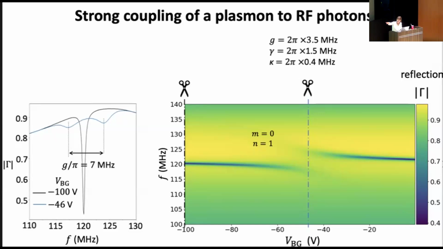And you can see that for VDD minus 46 volts, we have 2 peaks, and the separation of the 2 peaks is roughly 7 megahertz, from which we can determine the coupling strength g over 2 pi to be 3.5 megahertz. Since this is larger than both the loss rate of the LC circuit, kappa over 2 pi, 0.4 megahertz, and the relaxation rate of the electron, gamma over 2 pi, 1.5 megahertz, we can conclude that this system has reached the classical strong coupling level.